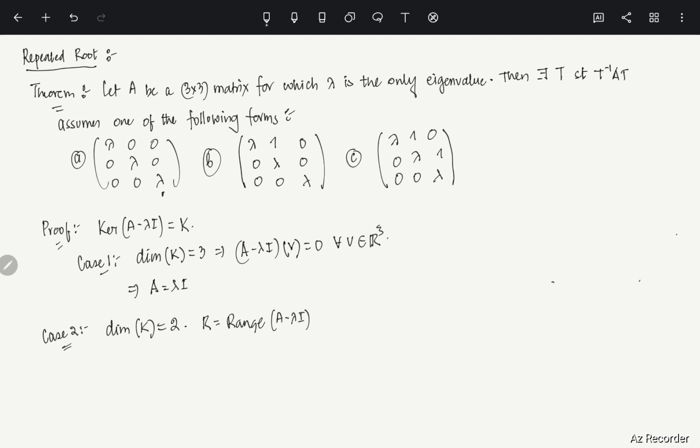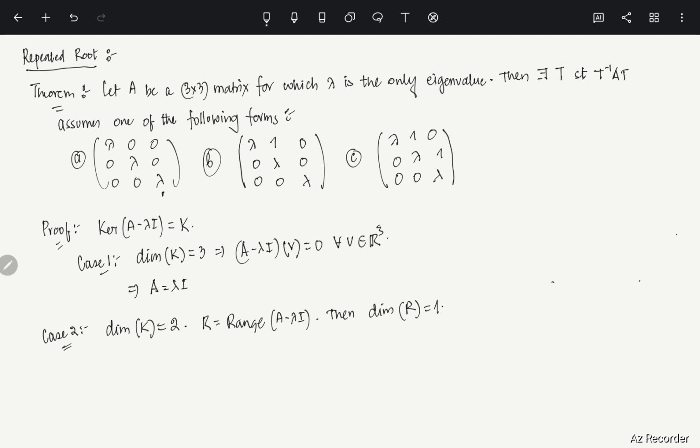We just call it R. Then, since the dimension of K is 2, you do realize that the dimension of R will be 1. Why? Because A minus lambda I is from R3 to R3, right? So the rank-nullity theorem says that the dimension of R has to be 1. That is quite easy to see, right?